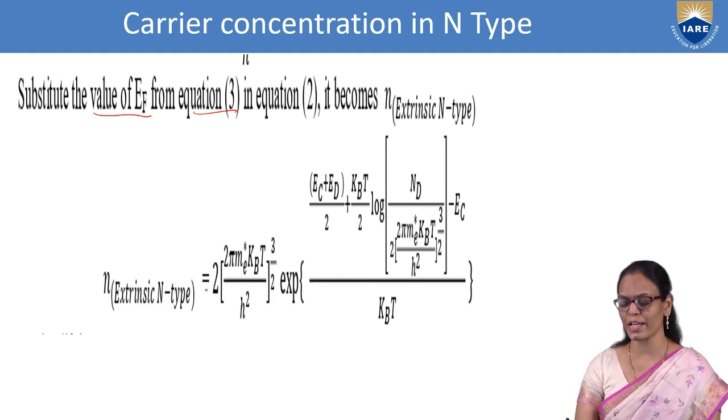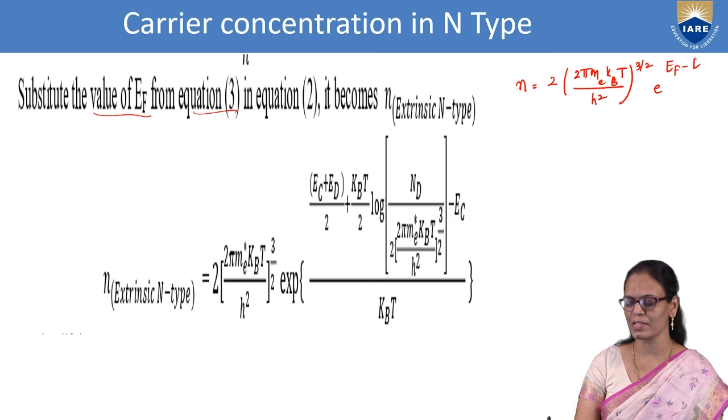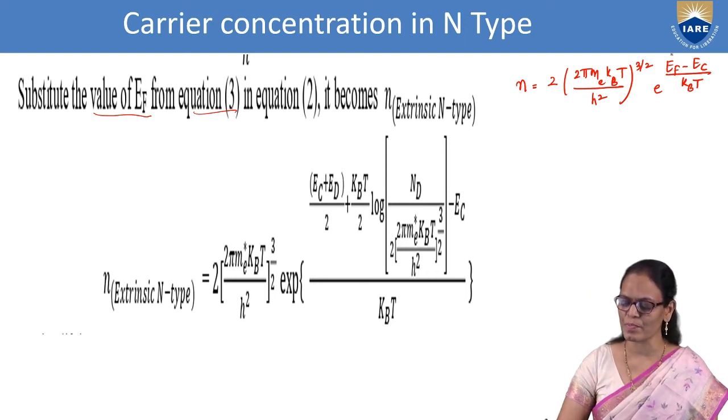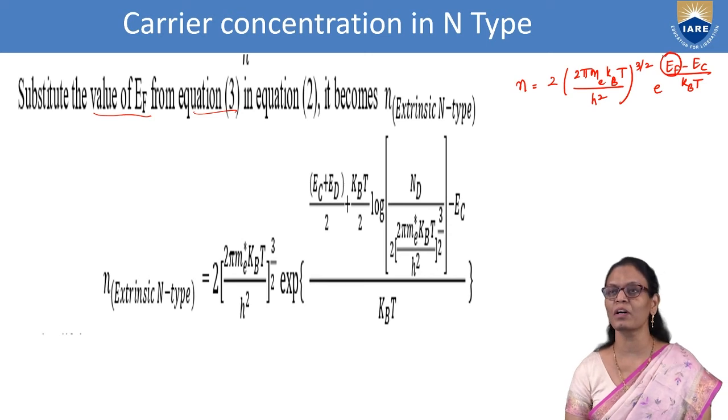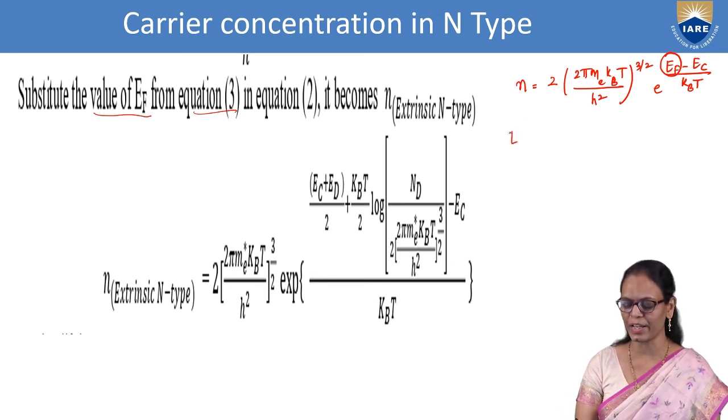So the expression we have now is 2 into (2 pi me kB T by h square) power 3 by 2 into e power (EF minus EC) by kB T. In this expression for N, we are going to substitute the formula for EF that we derived at a temperature T.